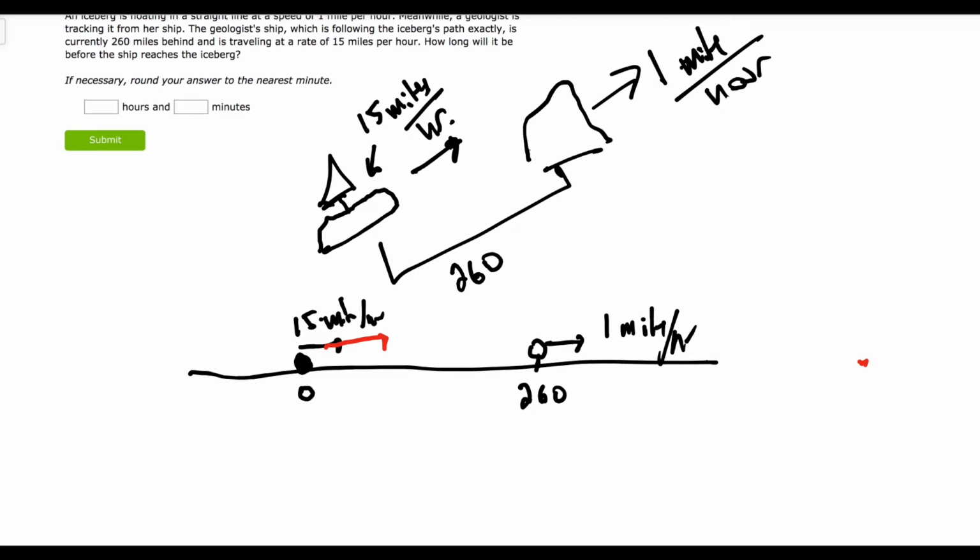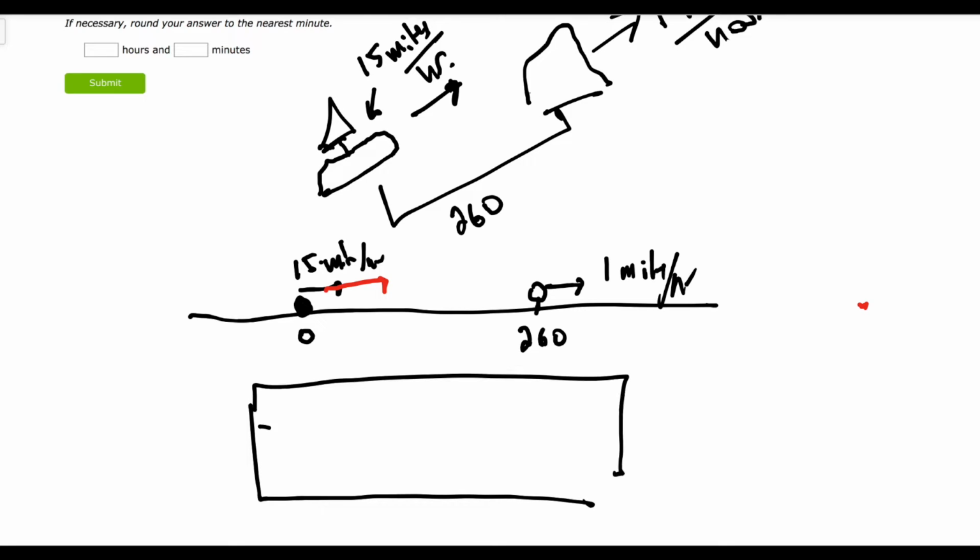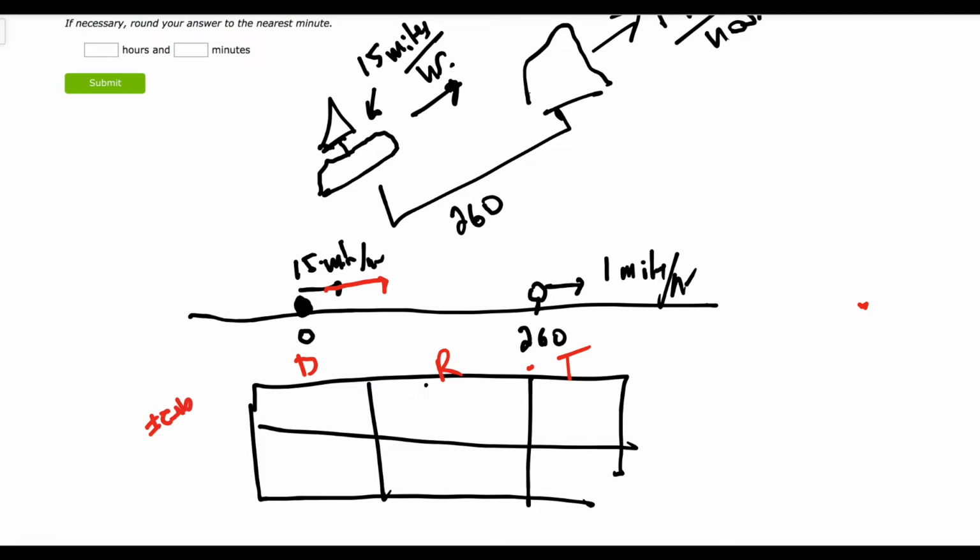All right, so we can do our box. Distance equals rate times time box. It's the ugliest box ever. So distance equals rate times time, and we have our iceberg and we have our ship, and we know the ship's rate.